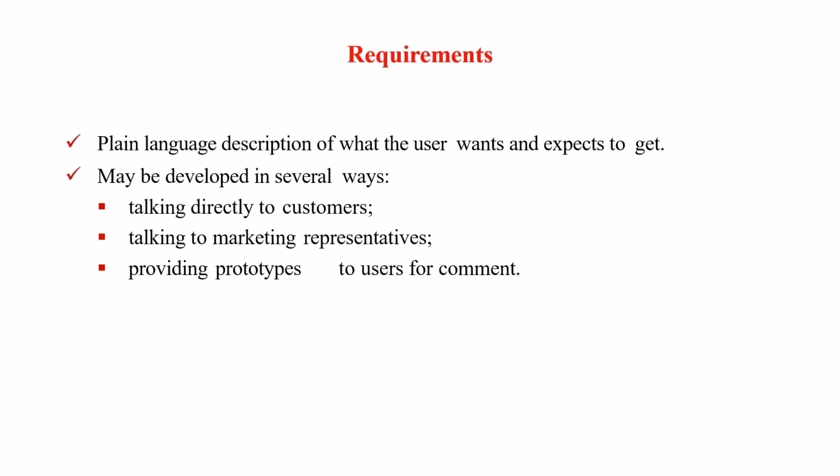When we design a process or a system, we must know what we are designing. So initially, we have to gather the informal description from the customers, known as the requirement. The requirement means the informal description from the customer.